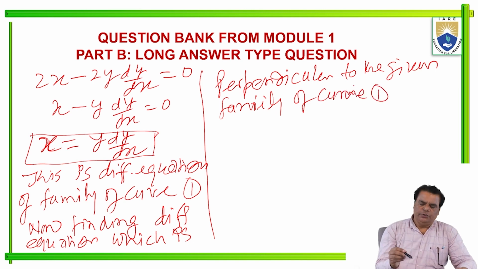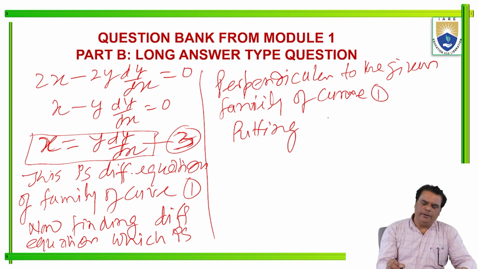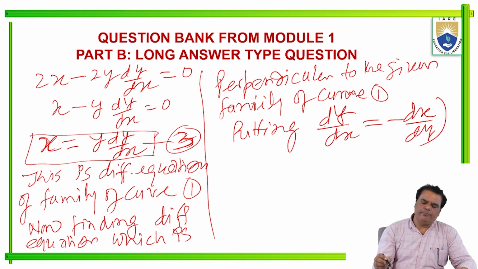Okay. So replacing here in this equation 2, 3, putting dy dx equal to minus dx upon dy in 3.